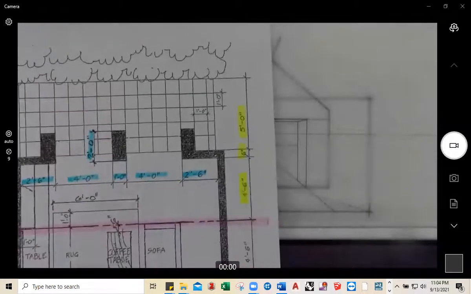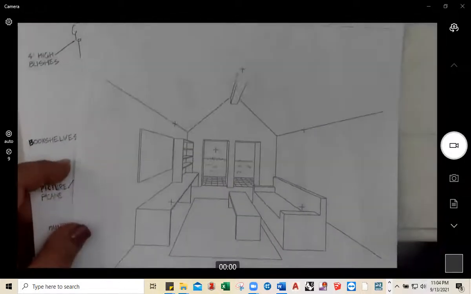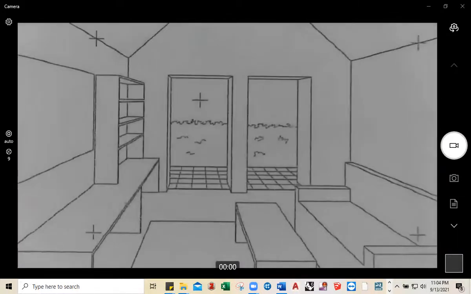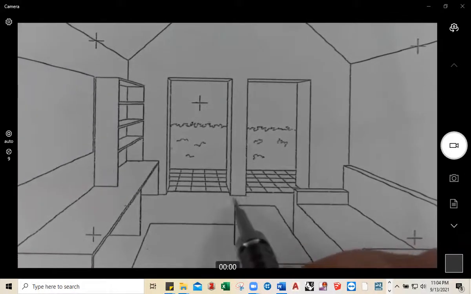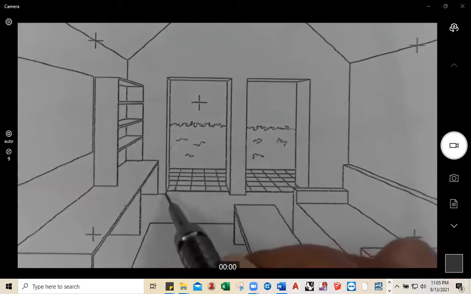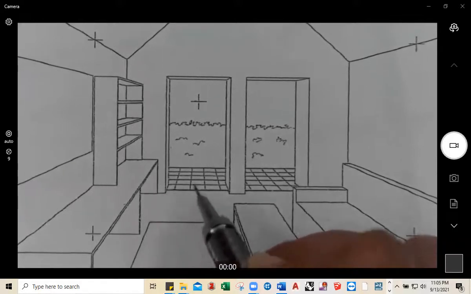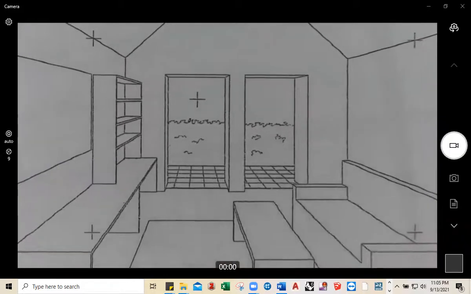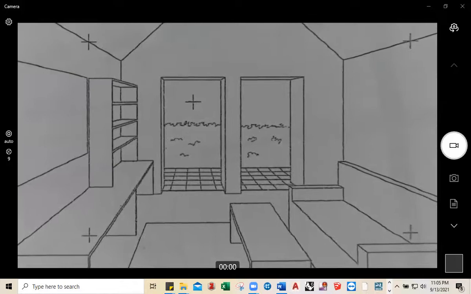Okay, and you'll see that also here. Let me zoom in to the example. See how this is the back wall, and then the grid line. See how it goes back a little bit? And you have the 1, 2, 3, 4, 5 rows of the tile in the back. Okay.